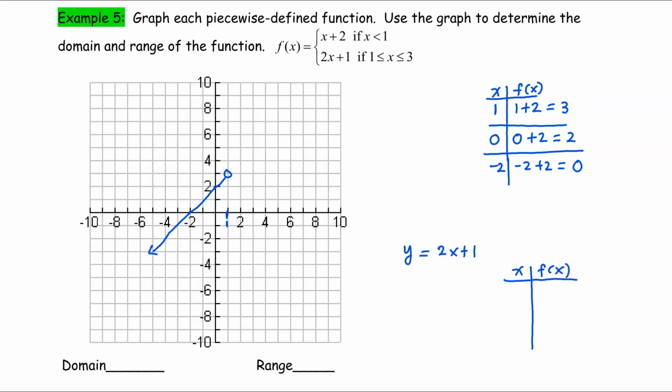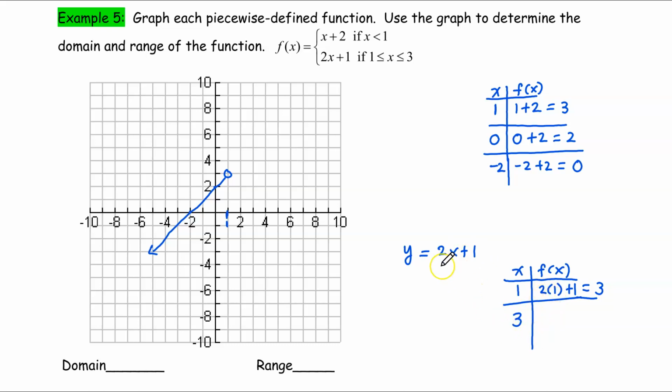Since the interval here is between two values, we would use those points, 1 and 3. Now, when x is equal to 1, you use this definition here. You plug in your x here. So that's 2 times 1 plus 1, which is equal to 3.